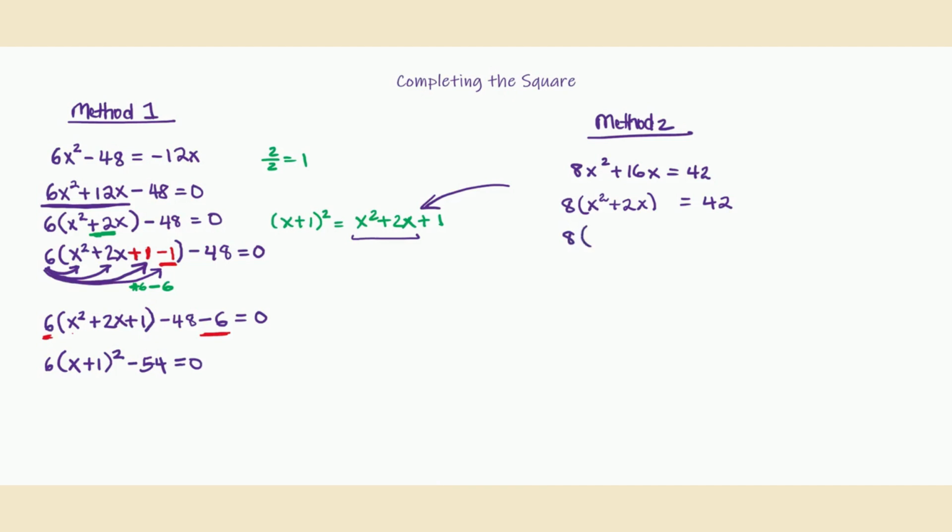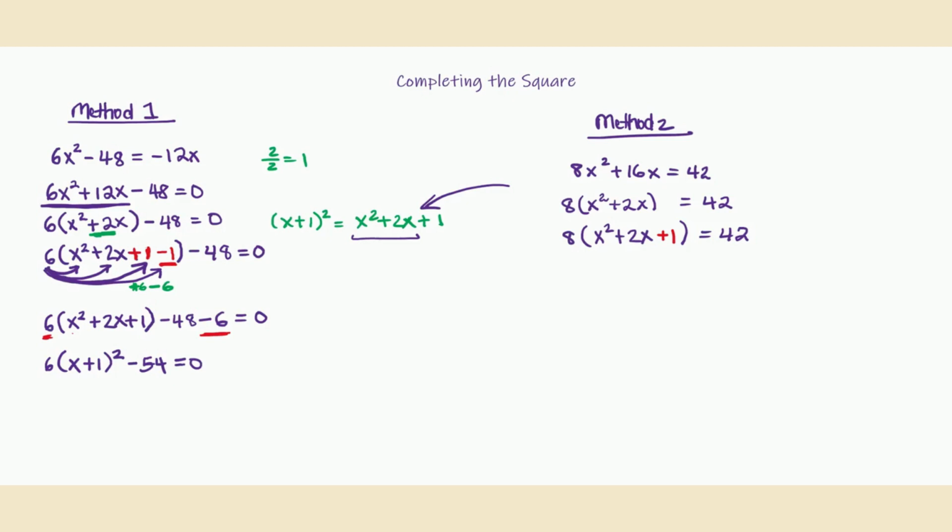So this is 8 times x squared plus 2x plus 1, and that completes that square. We set that equal to 42. But now let's establish what exactly we added in, because it's not as simple as just 1. Yes, it's just 1 to complete the square within the parentheses, but we have to figure out what we actually added to the equation itself.